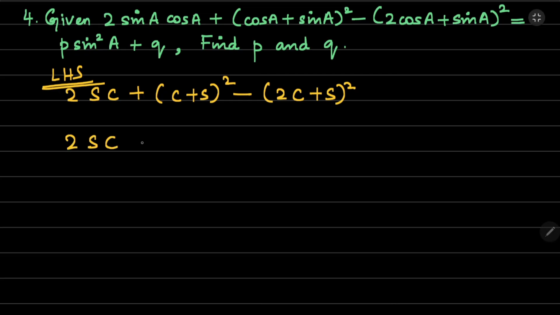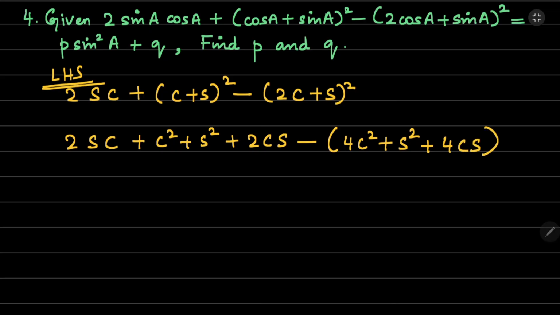So 2 sin A cos A plus cos square plus sin square plus 2 cos A sin A minus, whenever you have a negative, put it inside the bracket, that is 4C square plus S square plus 2, 2s are 4C into S. Again, you are just expanding it using A plus B the whole square is equal to A square plus B square plus 2AB, like that. Okay. So here when you open the brackets, what do you get?